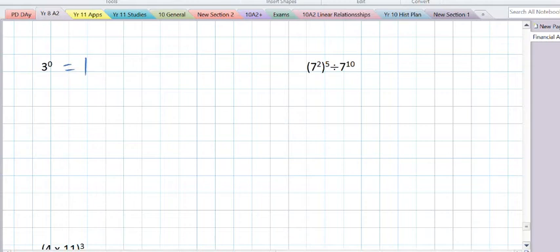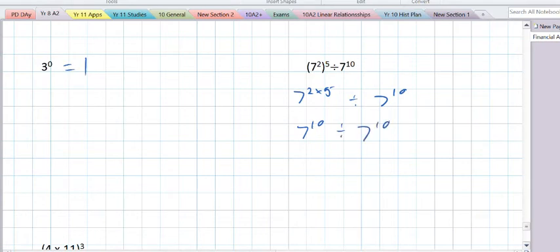Alright, what about on the right then? Jamia, what do we do? 7 squared times 5 divided by 7 to the 10. Good, so it would be 7 to the power of 2 times 5 divided by 7 to the 10.